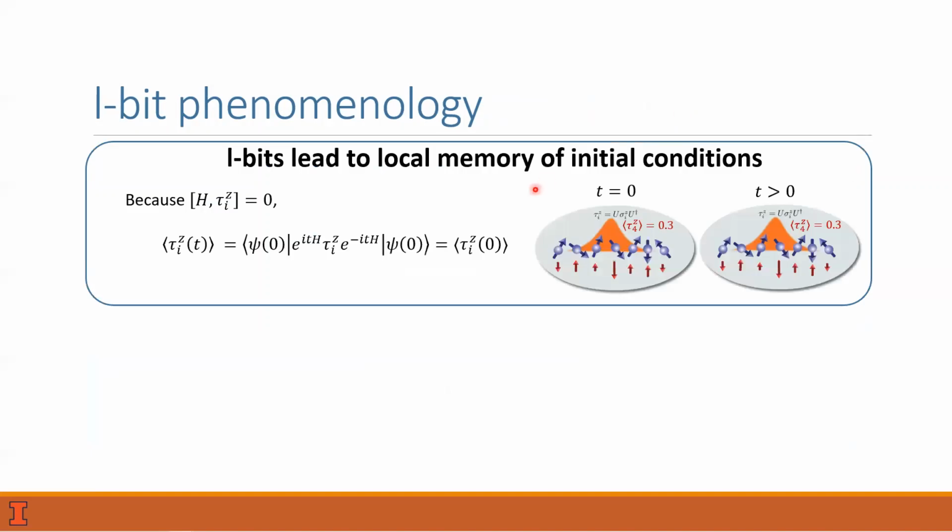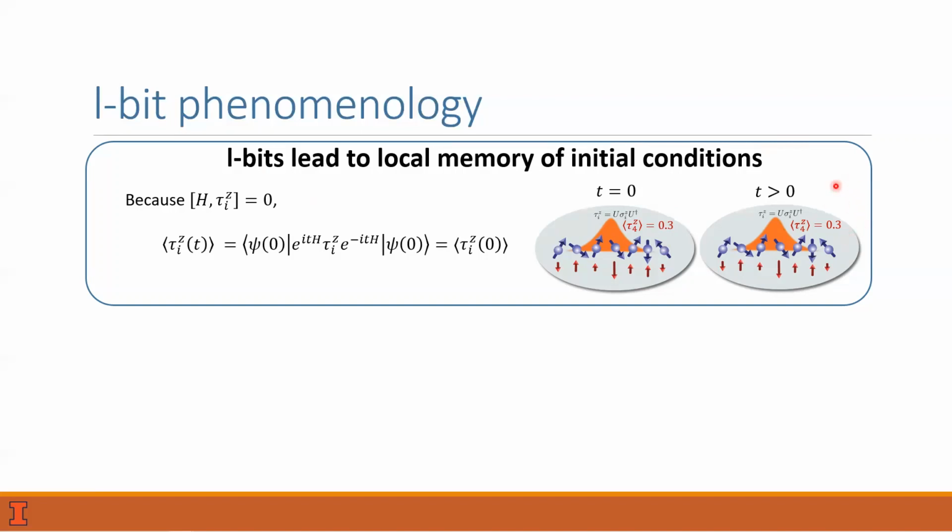For example, L bits lead to a local memory of initial conditions. Because this L bit commutes with the Hamiltonian, you can in one line of algebra show that the expectation value of this L bit over time doesn't change. So if you start in some initial state at time t equals 0, and you measure, let's say, the 4th L bit, and you get some expectation value, let's say 0.3, you then time evolve for an arbitrary amount of time, and then measure this local observable again, you should get the same exact value.